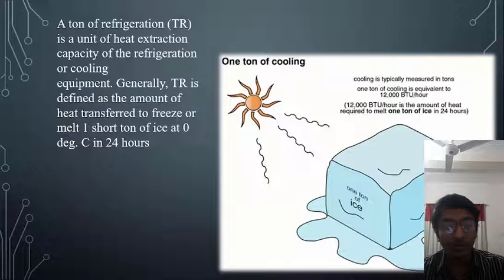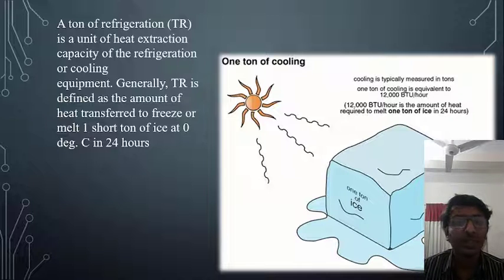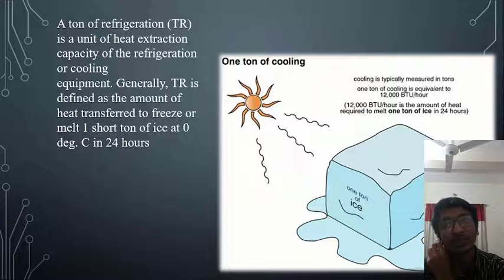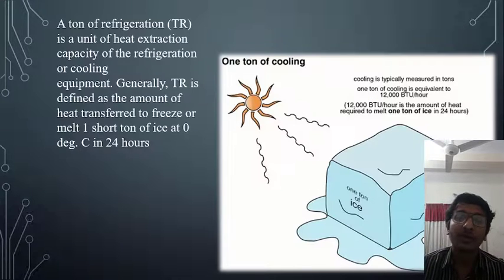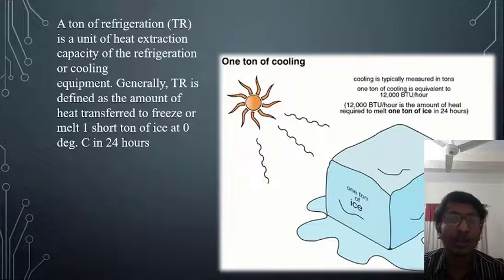After calculation, we get approximately 3.67 kilowatt. But it's the theoretical conversion. In actual practice, due to system loss, we usually get approximately 3.5 kilowatt per ton of refrigeration or TR.